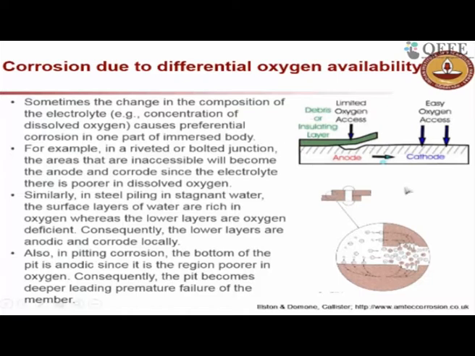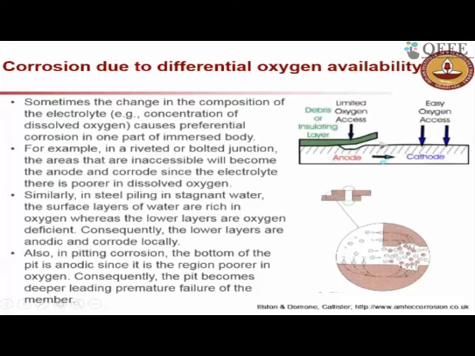So what is happening here is, imagine this is a washer on a bolt and nut system, and this is the plate. Initially there will be some oxygen available underneath the washer.